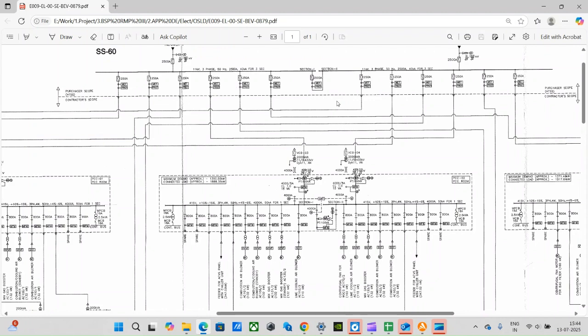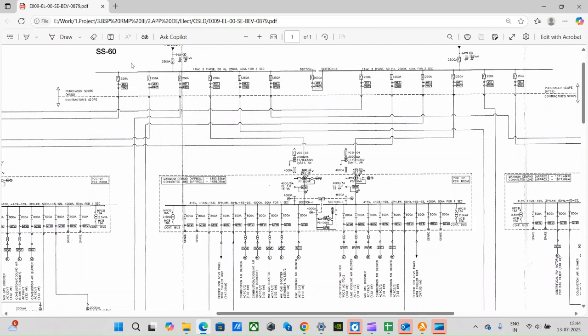There may be only one incomer, in which case no bus coupler is required, or there may be only one bus bar, but there are options for a double bus bar system. So those variations are there.